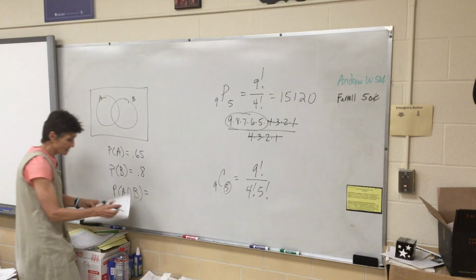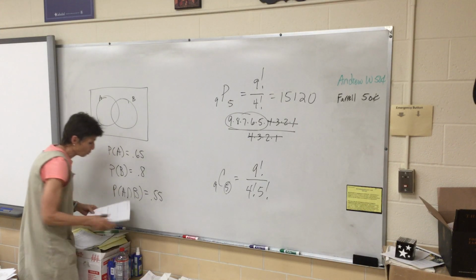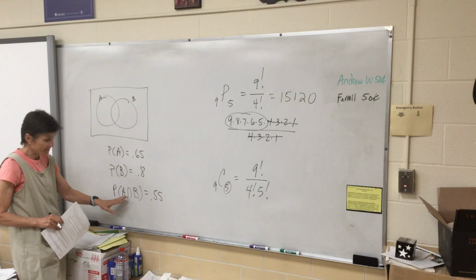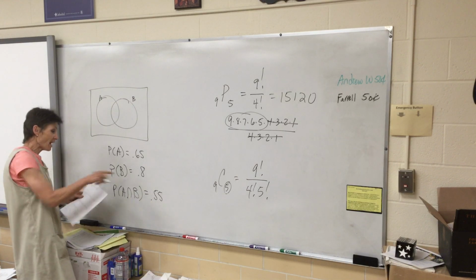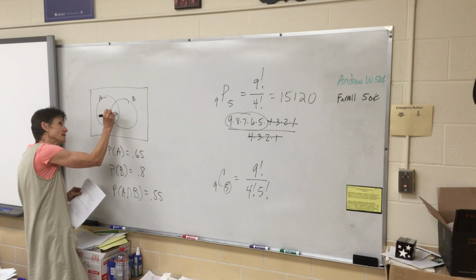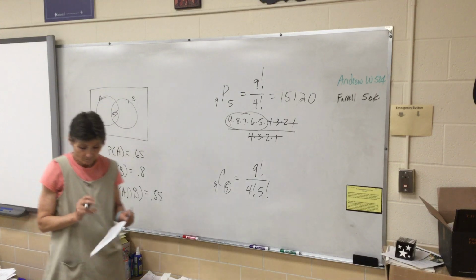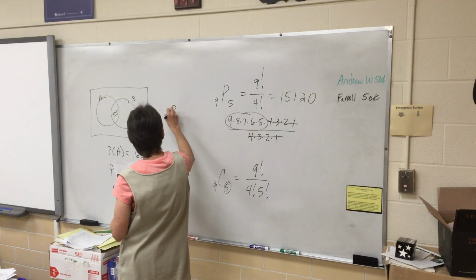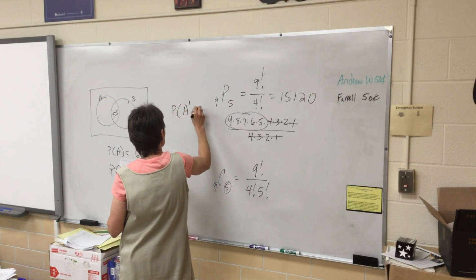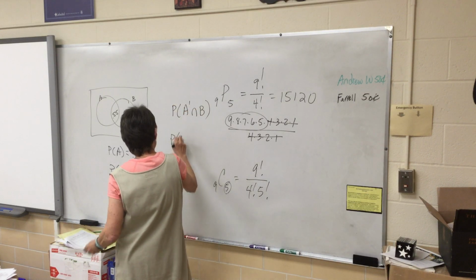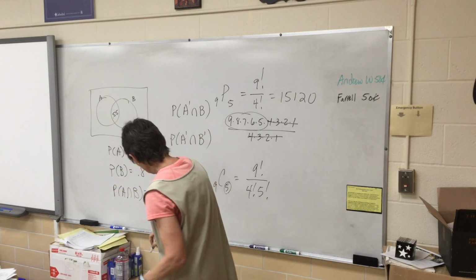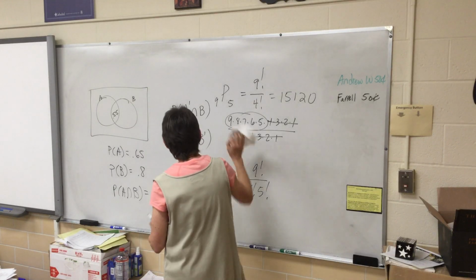This one does go in the diagram, because what does this notation mean? The probability of A and B. A and B, that's right. This is A and B. So that has a spot in the diagram. Now, as soon as you put that in the middle there, then you can fill in the rest of the spaces in the diagram.